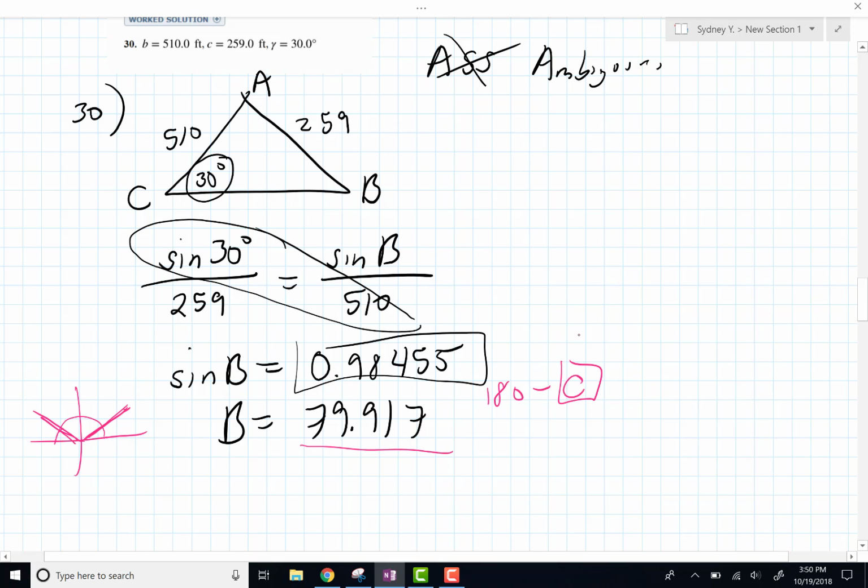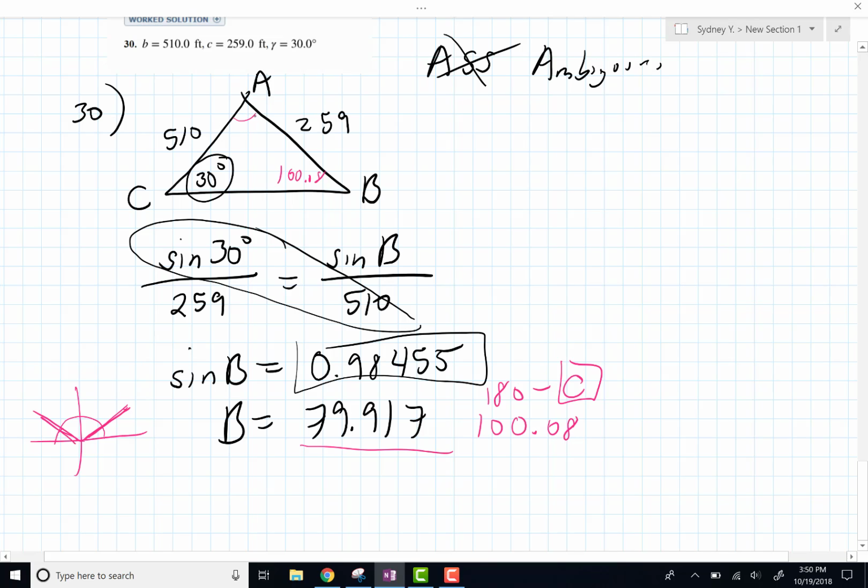So I'm going to see if that's another possibility. So we get 100.08. And so we look and see if that's a possibility for B. Is there enough room for this other angle? And darn it anyway, there is, right? That's only 130 degrees so far.